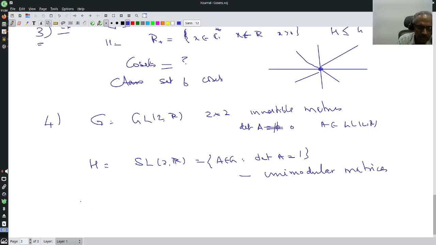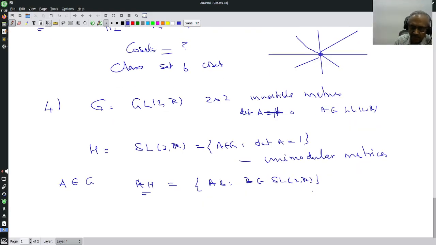Now suppose I start with an element A. Unfortunately, I will use the same capital letter. I hope it doesn't cause any confusion. A in G, what is the left coset AH? This AH consists of all A times B, where B is in SL2R. Now notice that if C belongs to AH, then C is of the form AB for some B in SL2R. Therefore, what is the determinant of C?